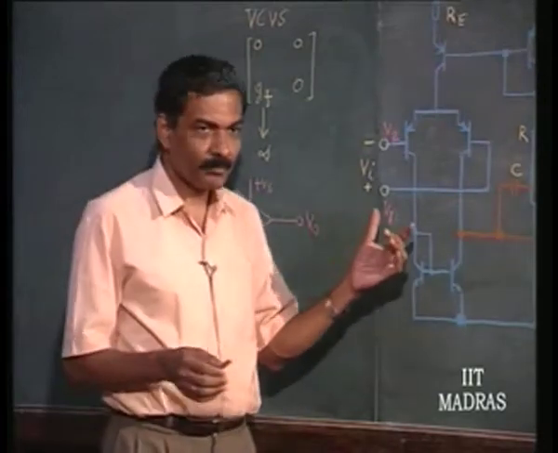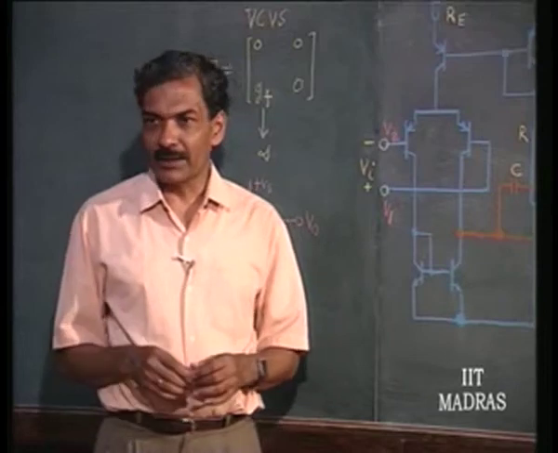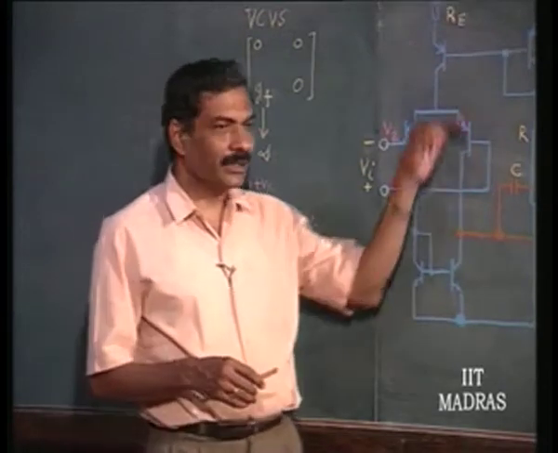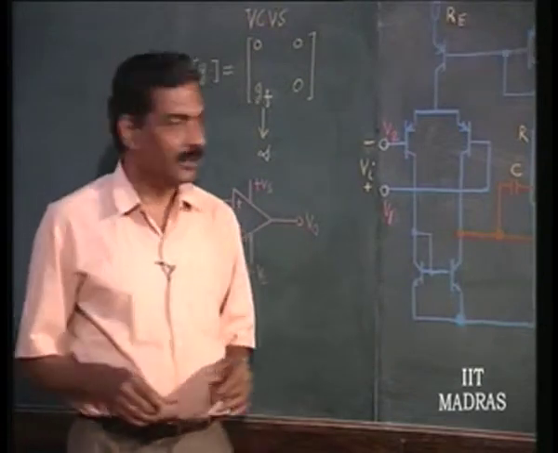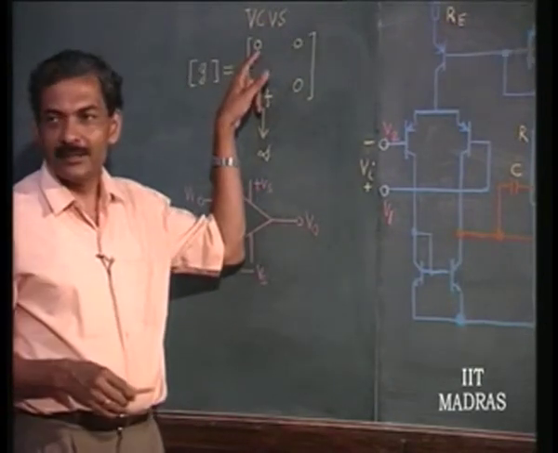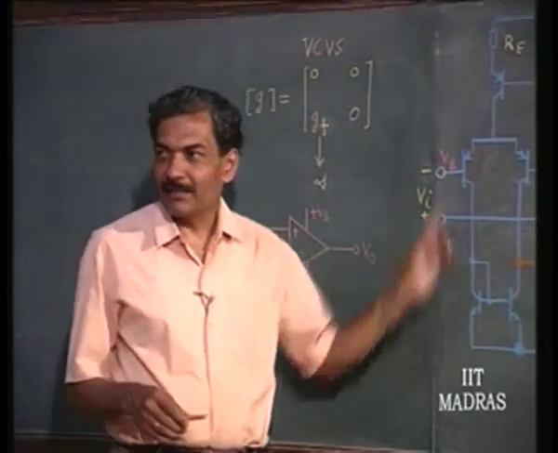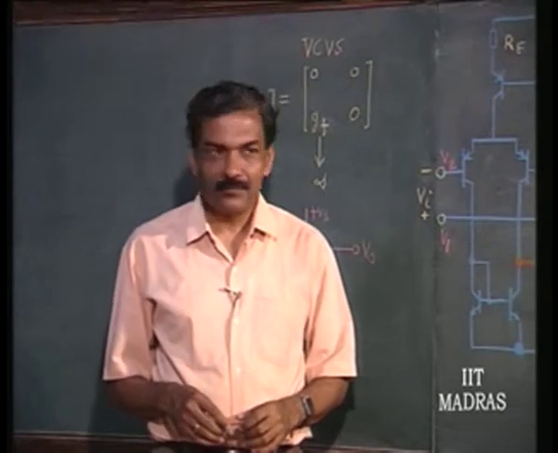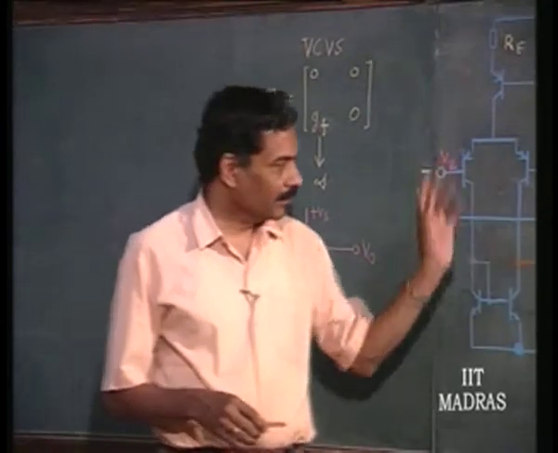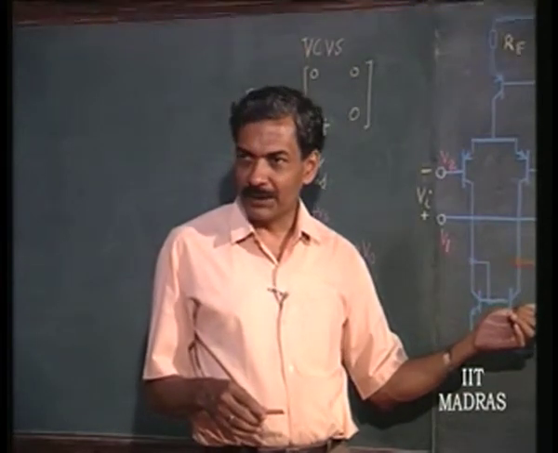For example, if you are asked to design the stage using BiMOS structures, then naturally the input stage could be straight away MOS, because we can make this go towards 0 straight. The input stage can be straight away a MOS structure. Okay. The differential structure with this kind of active load using MOS, we know how to do it.